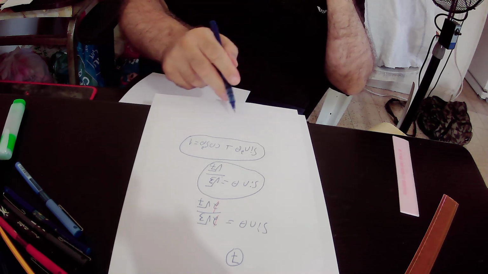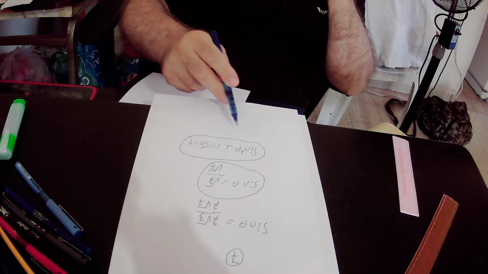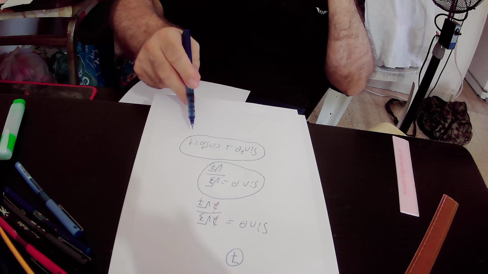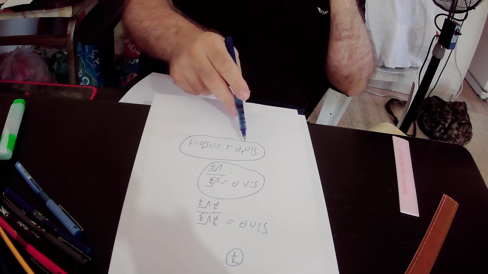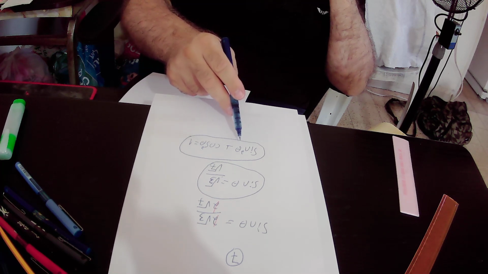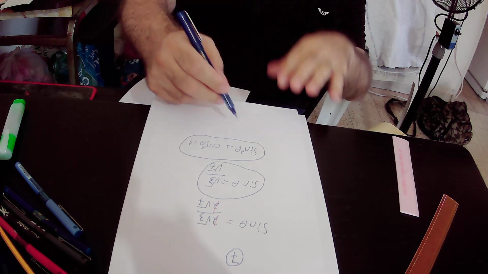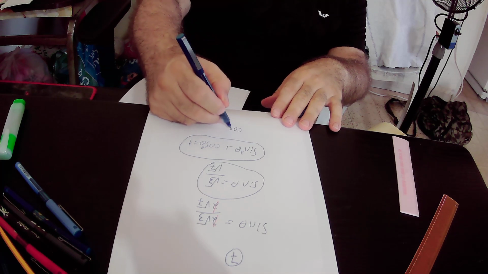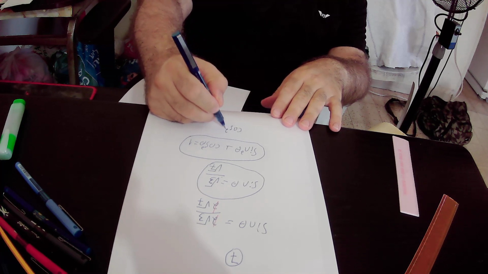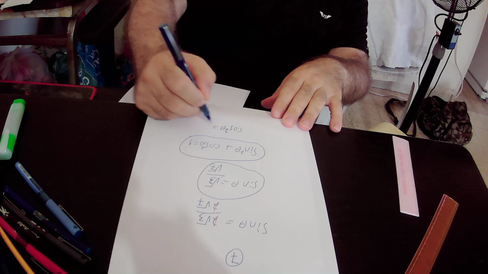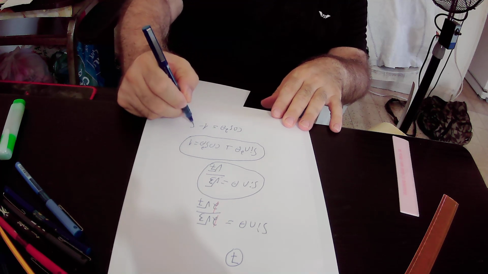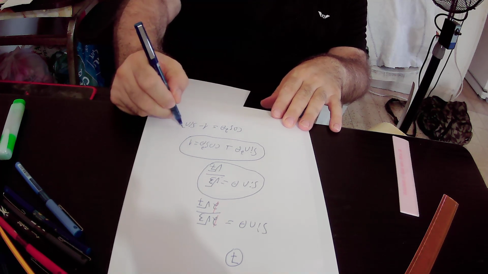Here we can subtract sinus theta squared from this equality. We will get that cosinus theta squared equals 1 minus sinus theta squared.